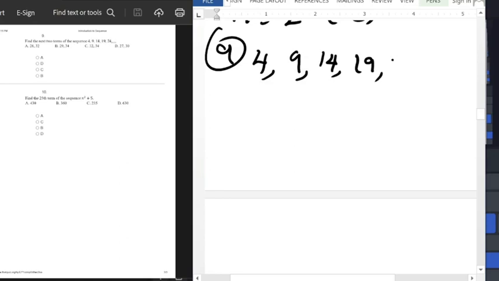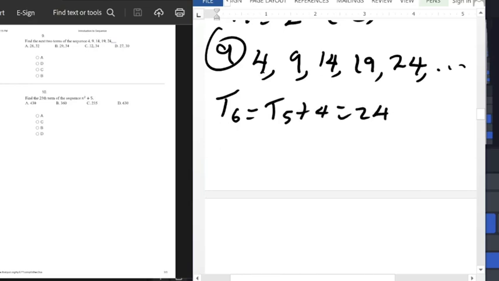Those are the fourth and fifth terms, so we are looking for the sixth and seventh. 9 minus 4 is 5, 14 minus 9 is 5. So the common difference is 5. So T6 is T5 plus 5, which is 24 plus 4, which is 28.